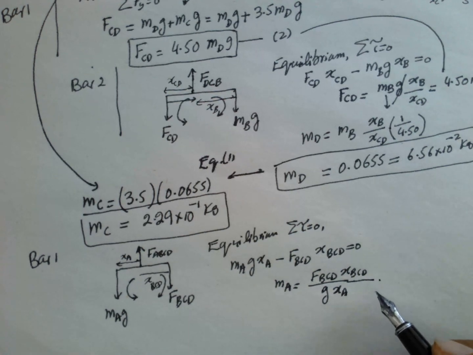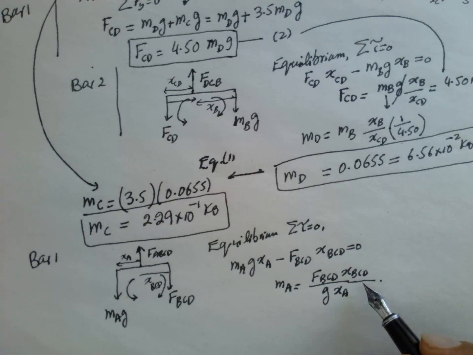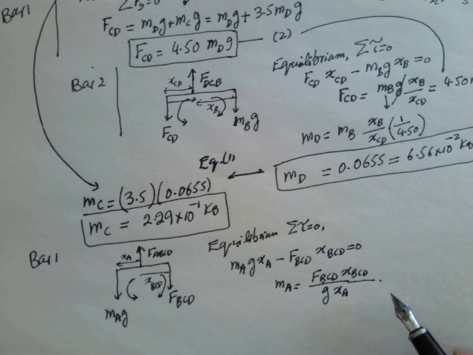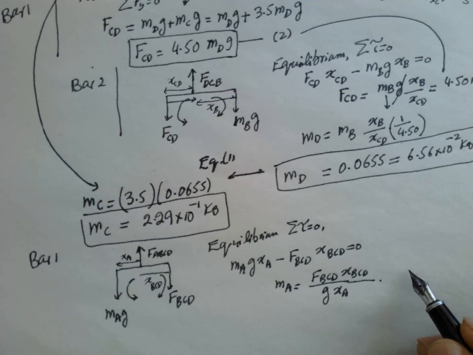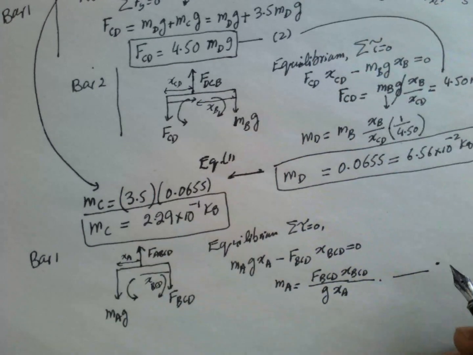So from here, F of BCD. This is one equation, this is equation 2, this is 3.